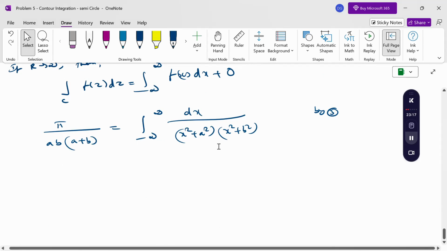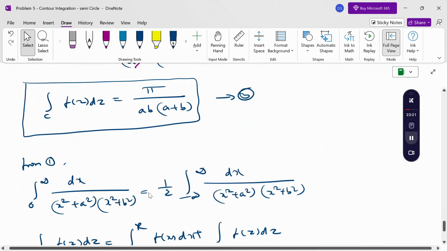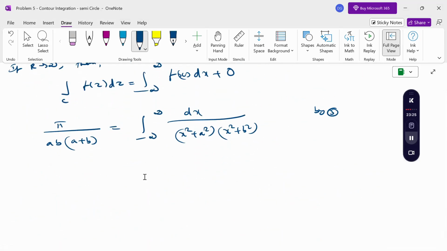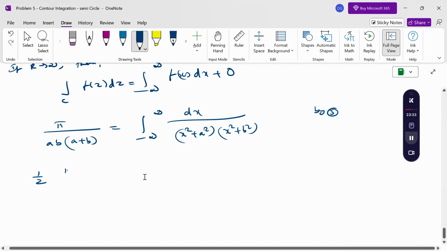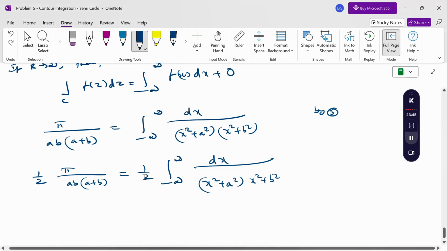Multiplying by 1 by 2 on both sides, the value will not change. Therefore 1 by 2 times pi by ab(a plus b) equal to 1 by 2 times the integral from minus infinity to plus infinity dx by (x square plus a square)(x square plus b square).